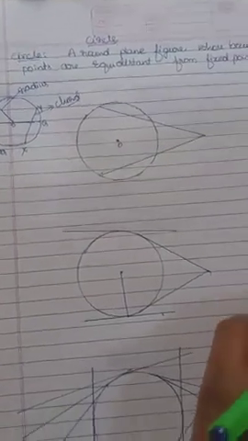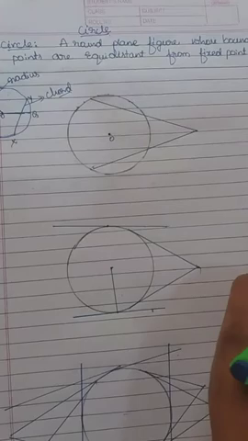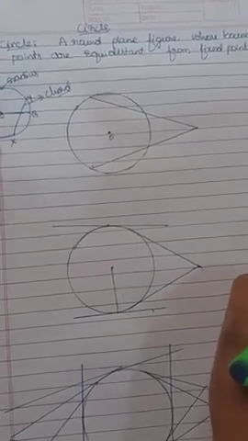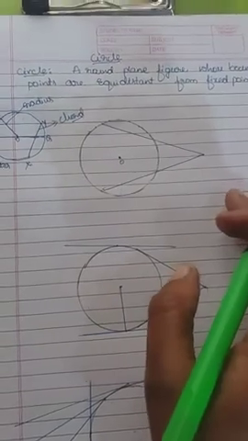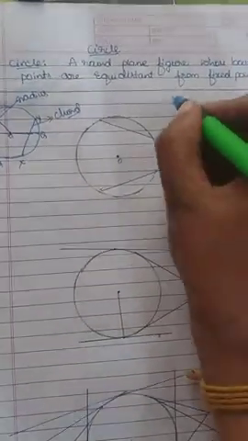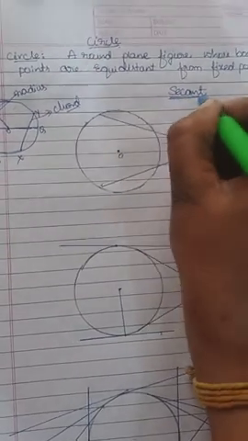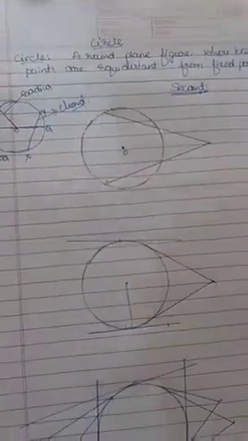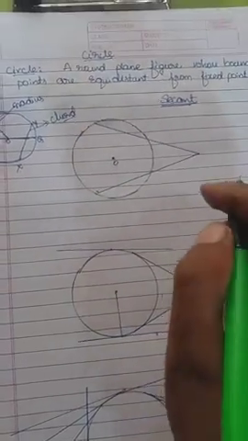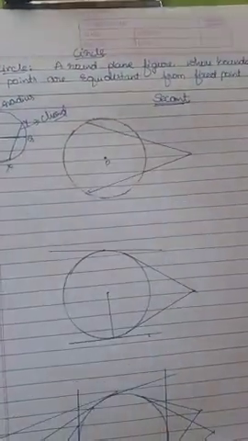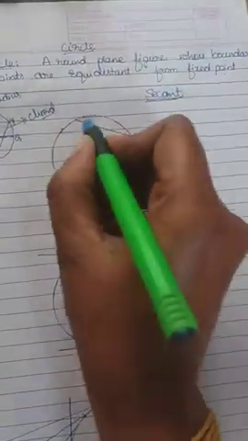In this class, particularly for the 10th, there will be tangents, and before we go to the tangents, we have to know about the secant. So what is a secant? Very important definitions for you. What is a secant? A line which intersects the circle at exactly two points.